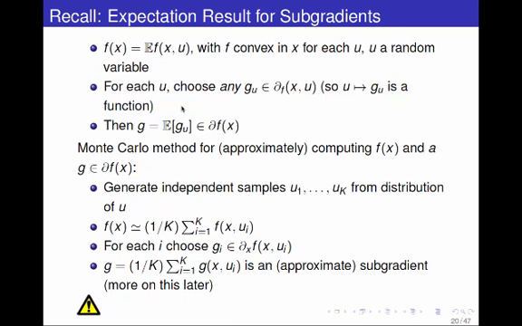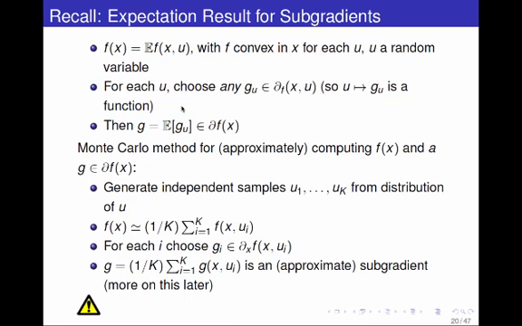If you remember when we were doing the Boyd slides on subgradients, we had a result that said that if I have a function that depends on some x and the random input u, and I have an f of x, which is the expectation of f of x, u, then I can compute subgradients of f by taking the expectation of the subgradients of f of x, u with respect to x.